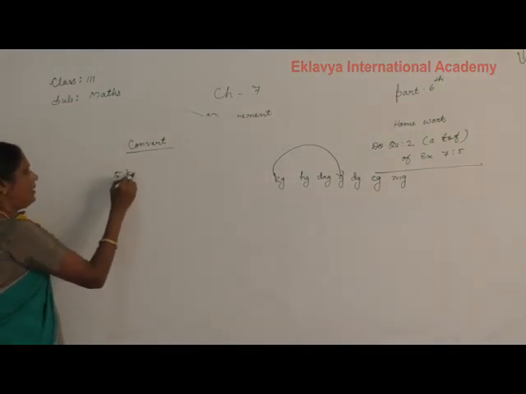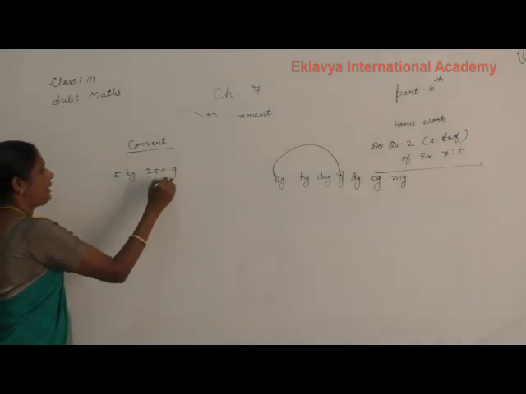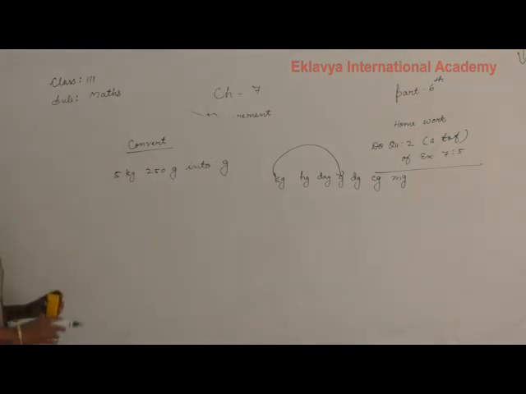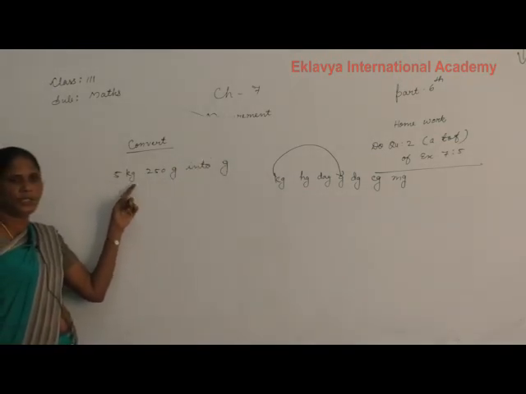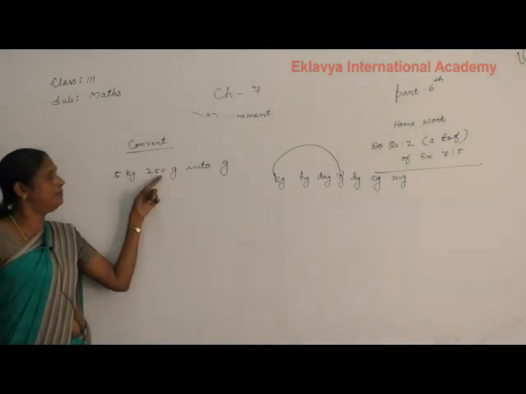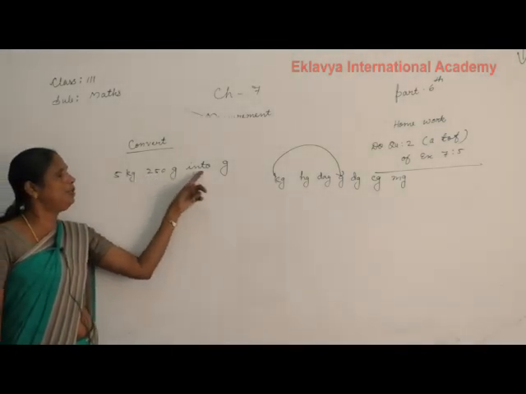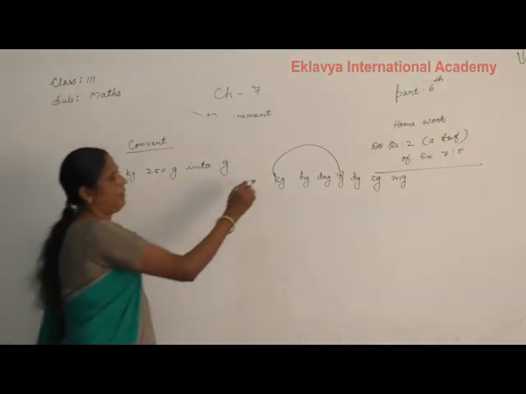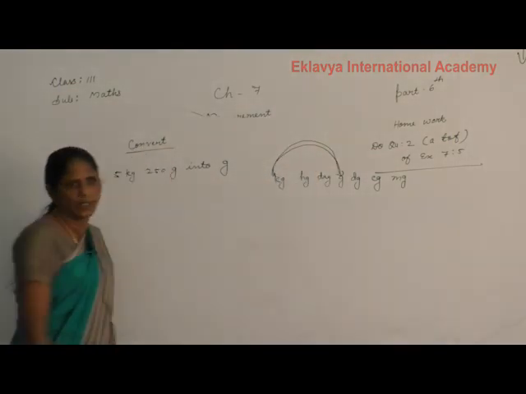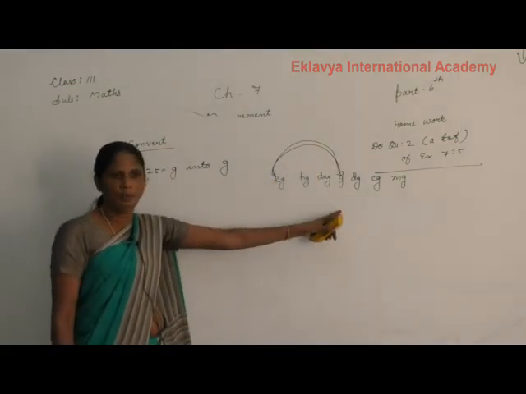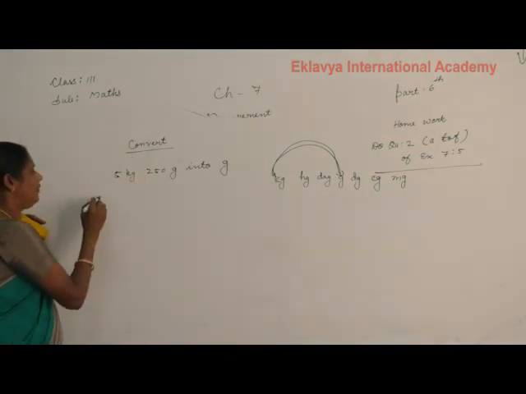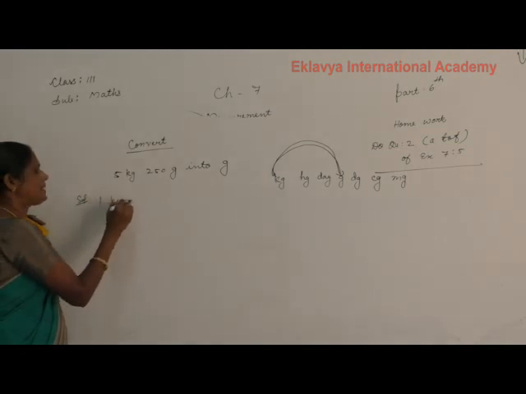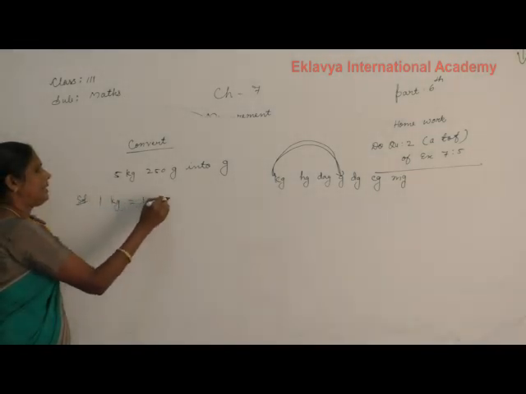Then 5 kg 250 gram into gram. Kg into gram, we multiply by 1000. Solution: 1 kg is equal to 1000 gram.